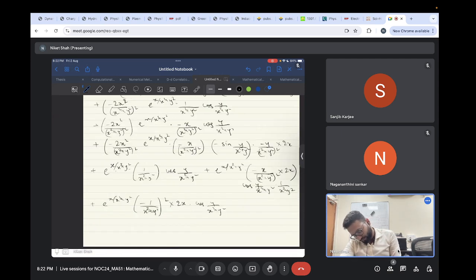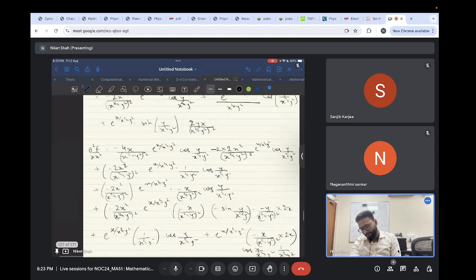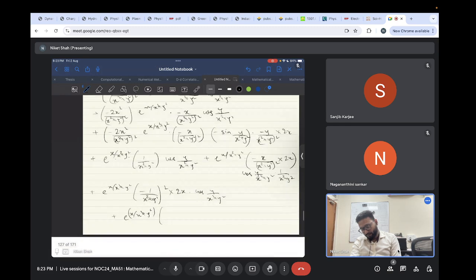So this is plus e power x divided by x square plus y square multiplied by 1 upon x square plus y square.